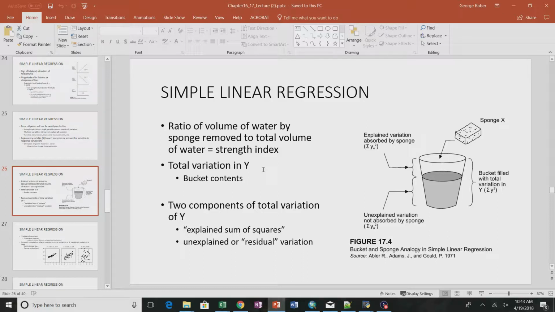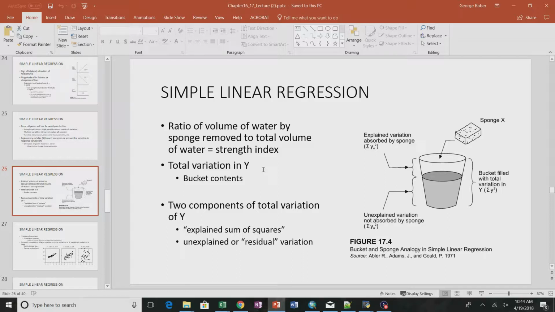Our model is basically y equals mx plus b, where m is the multiplier of x, and then the intercept. Our model is going to explain some of the variation. So we're going to think about that as a bucket. The bucket is filled with a bunch of water, and that represents all the variation that exists, all of the points.